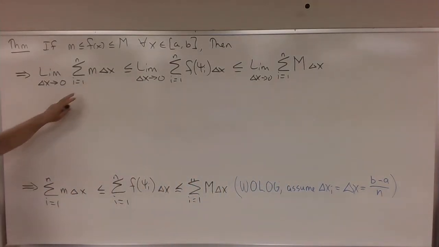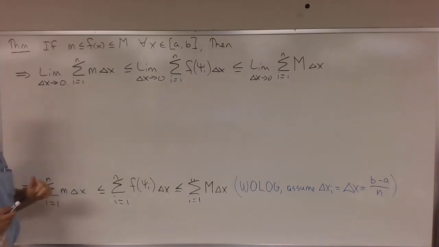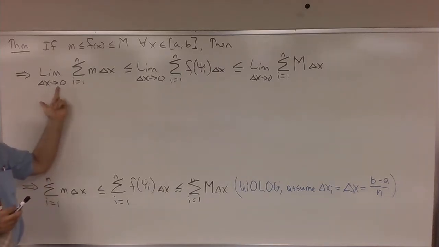And I will note parenthetically, I don't have to write this down, that as the width of each rectangle gets smaller, we have more rectangles in the interval from A to B. If the rectangles get thinner, then we have to have more rectangles.